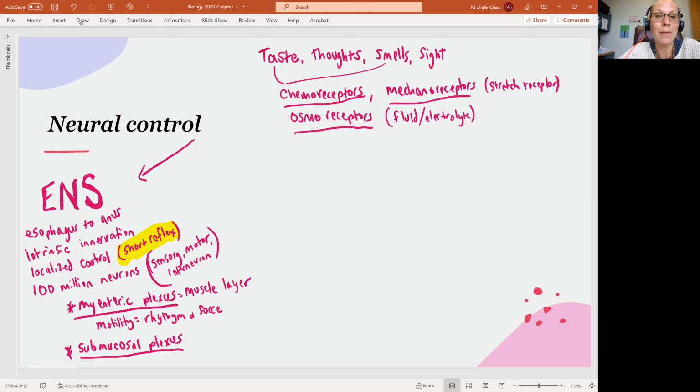Either we'll see mixing food or moving food through the tract. When we talk about the submucosal plexus, it makes sense that this is located in the submucosa. So of course it's being named for this particular layer of the GI tract. This is going to help regulate secretions.